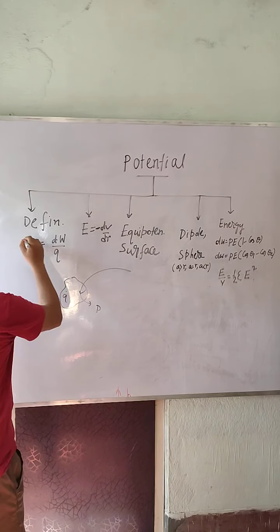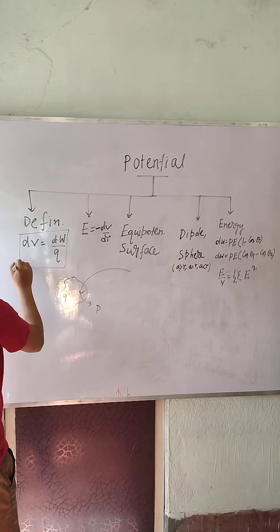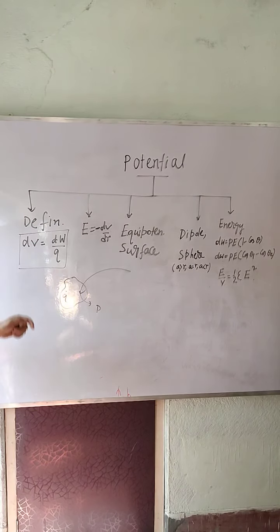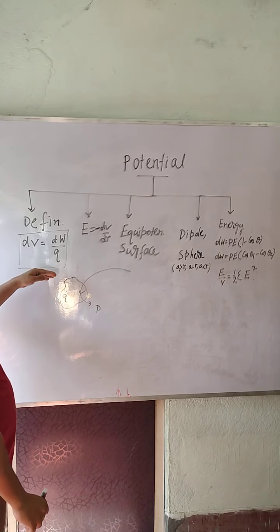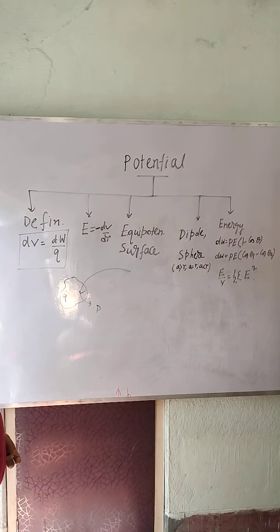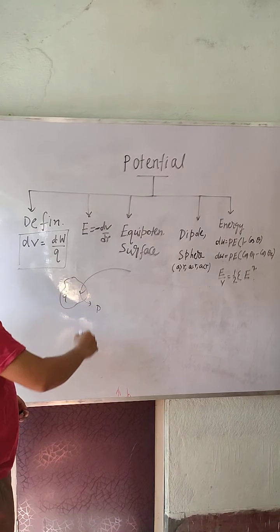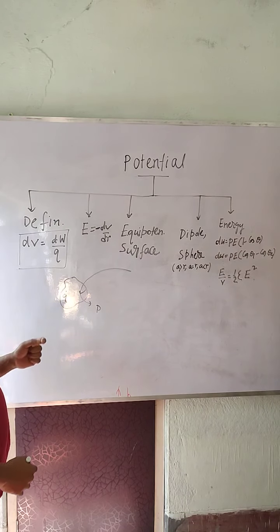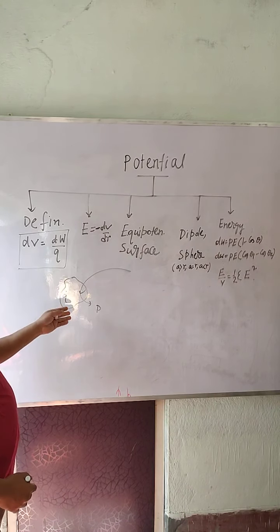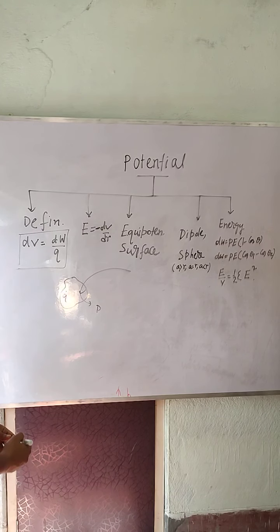So the definition of electric potential is the minimum work done per unit charge. We must bring the unit positive charge from infinity to that point, and the minimum work done for that is called the electric potential for that point.